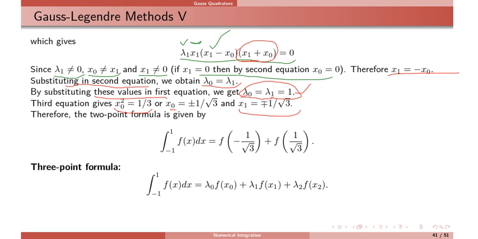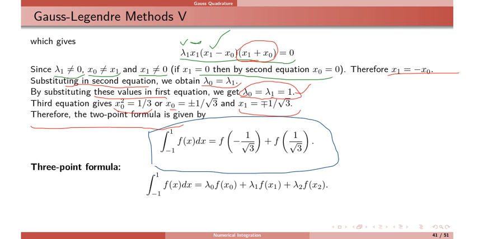And in both cases you have the same formula: integral from -1 to 1 of f(x) dx equals lambda 0, which is 1, times the functional value at minus 1 by root 3, plus the functional value at plus 1 by root 3. And this is called the 2-point formula. So just calculate the function values at minus 1 by root 3 and plus 1 by root 3 and add them.